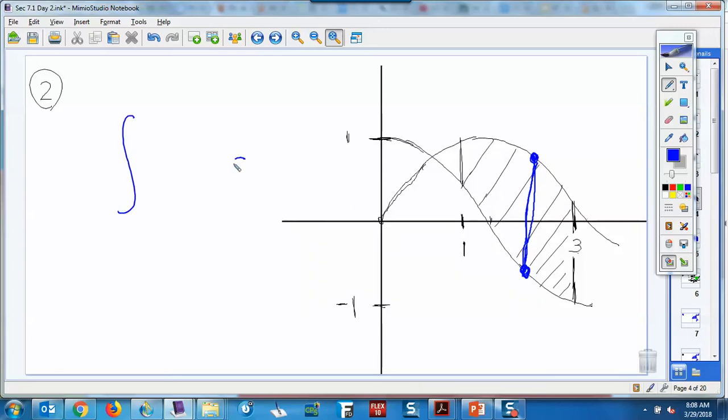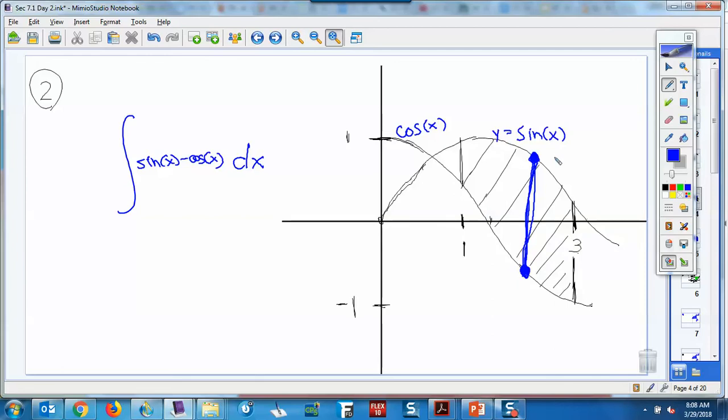And then it's just got to be the width of that strip, which is your dx, and then the height of that strip. What is that, sine graph on this one? Is that sine, and what's this one, cosine? Is that what it was? Okay, so it's simply going to be this y value, which is sine, because that graph says y equals sine, so the y value of this graph is sine x, and the y value of this graph is cosine x, and so it's simply going to be sine x minus cosine x, all the way through.